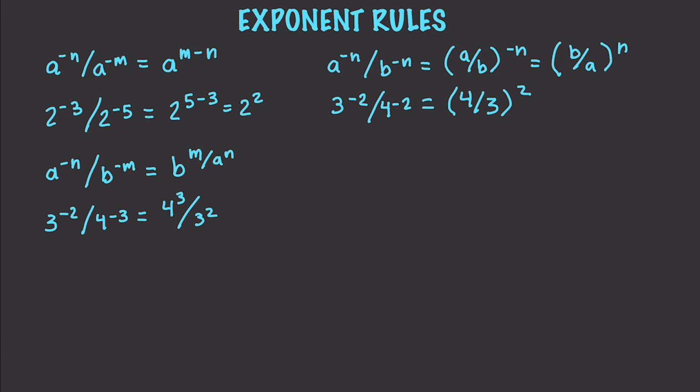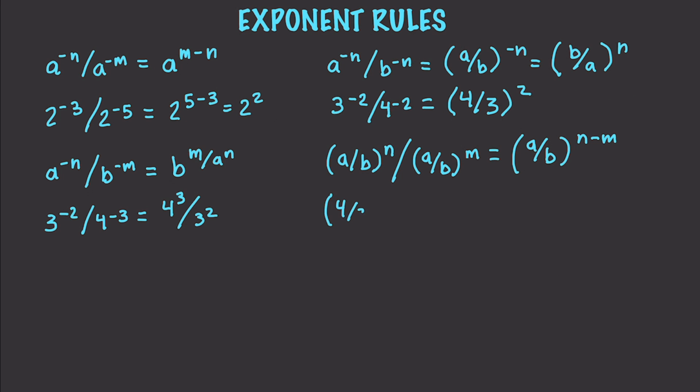Now we're going to talk about fractions with the same base and different exponents. So let's say we have (a divided by b) to the n, and this is divided, and again, we're going to have (a divided by b) to the m. We will solve this by going and getting a divided by b and taking n minus m.